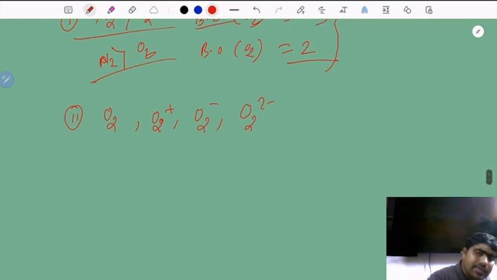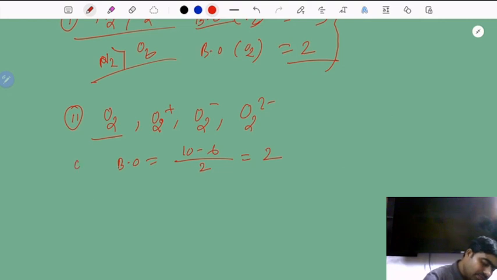But the important thing is that for the oxygen molecule, the bond order is (10 minus 6) by 2, equal to 2. You can get bond order is 2.